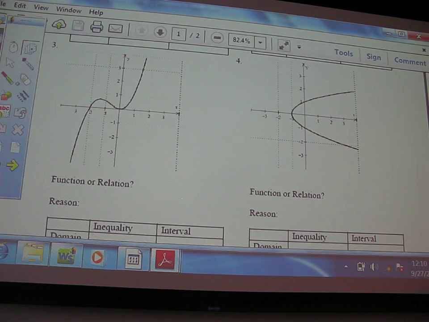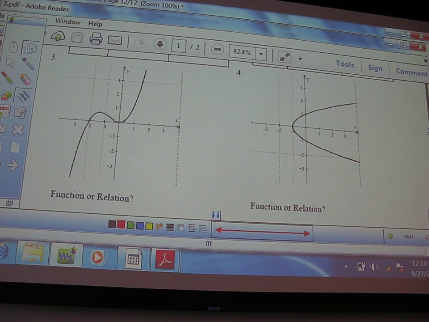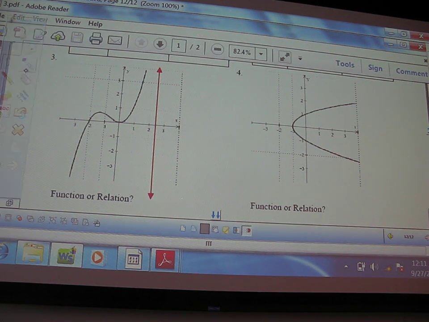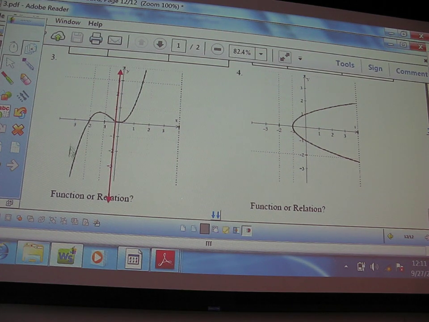So for 3, remember, as I bring a line along here, does it ever hit that line? What I mean by hit the line is it goes to the line and then goes away and comes back. So everyone, heads up real quick. As I go through here, does it ever hit the line and then come away from it and then come back to it?